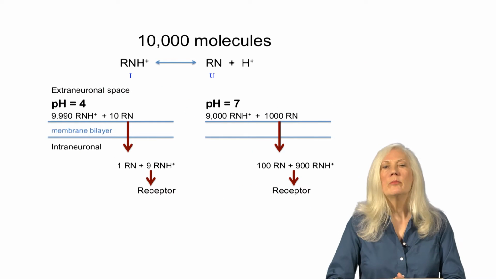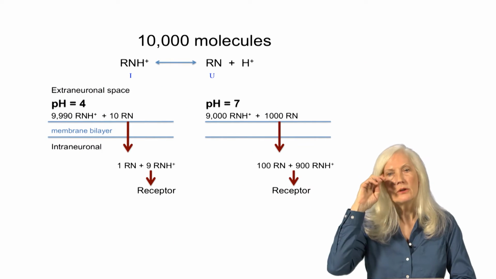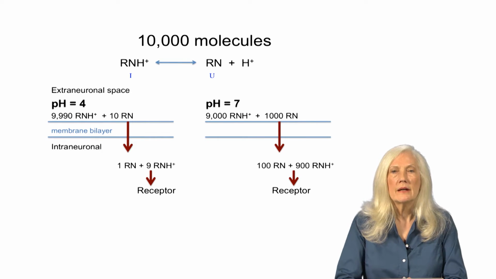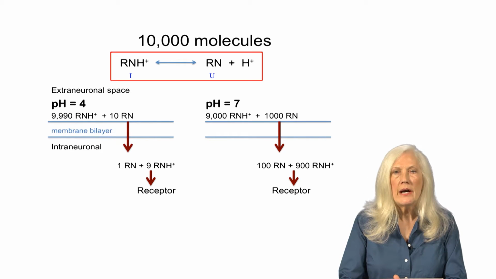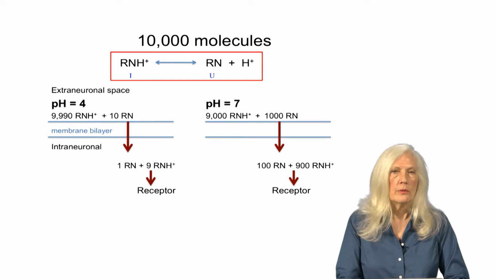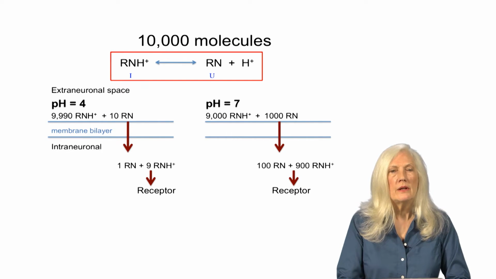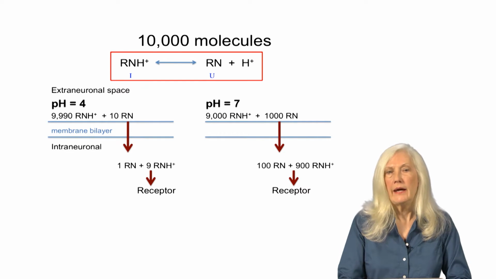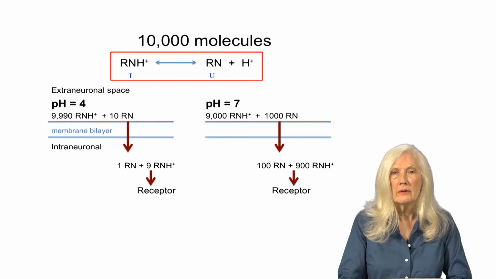Let's look at an example using 10,000 molecules of a local anesthetic. As we already described, a certain percent of the drug will be in the ionized form, and the remaining drug will be in the unionized form, depending on the pH of the solution and the pKa of the drug.